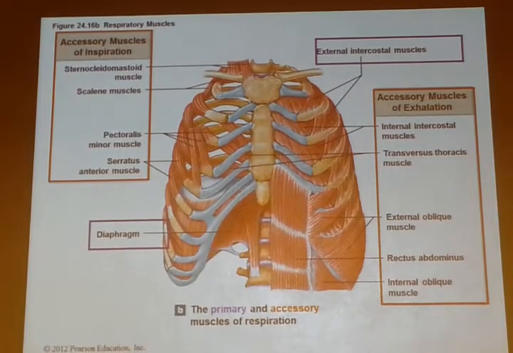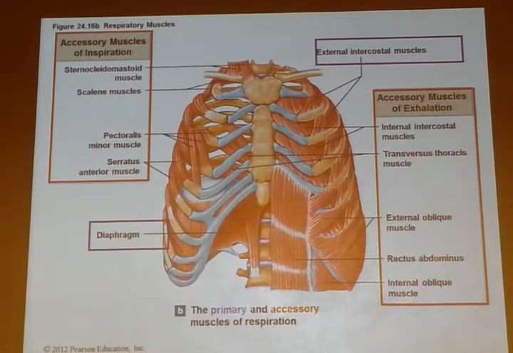None of the other muscles, although some of your textbook comments are implying that other muscles are involved in quiet breathing, there's a lot of disagreement about that. It's primarily external intercostals and diaphragm, and we'll just keep that as the muscles of quiet breathing.